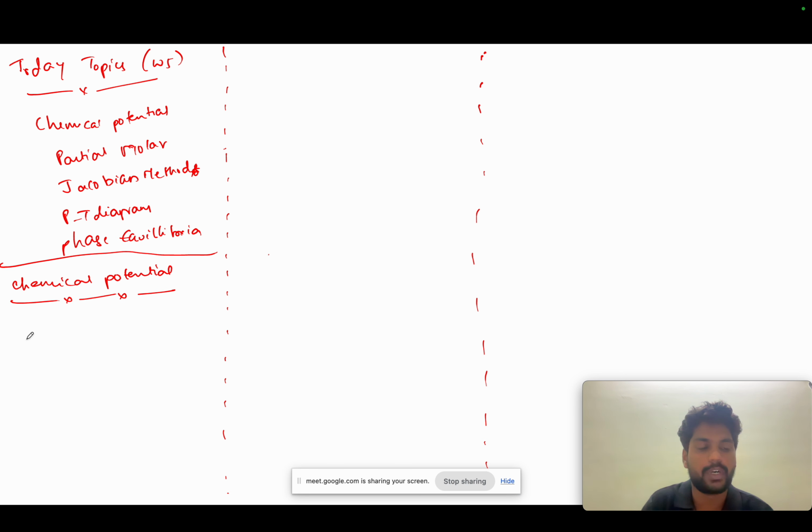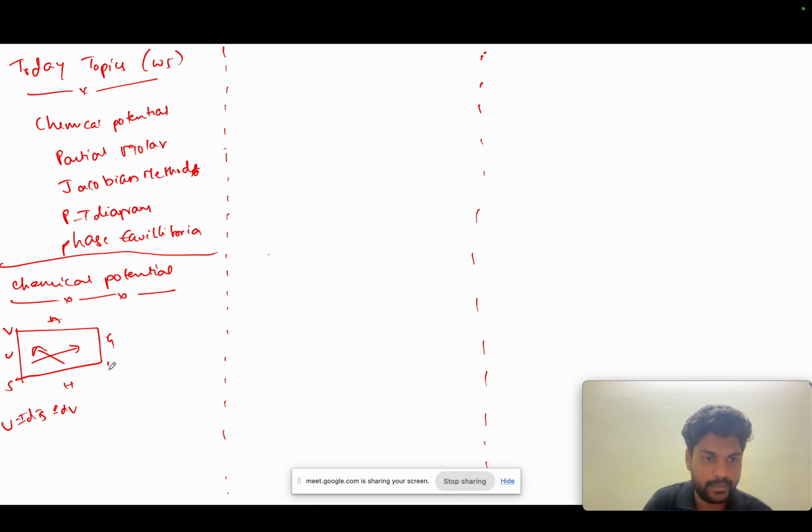Before going to the chemical potential, I will first draw the mnemonic diagram just for my understanding. dU equals TdS minus PdV. So it is V, S, P, T. Now dG equals VdP minus SdT.